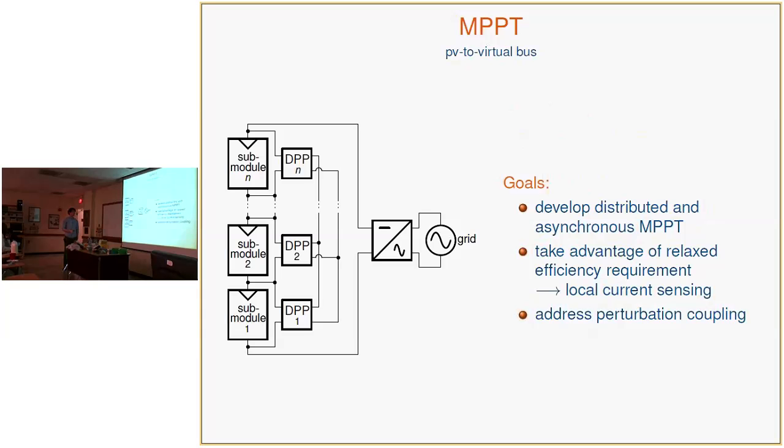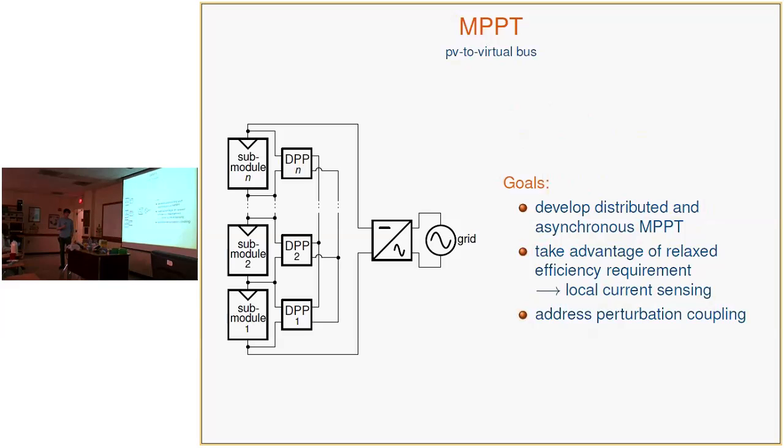So some goals for this maximum power point tracking algorithm for this topology is that, like the maximum power point tracking algorithm that's been developed for the PV to PV topology, we want it to be distributed, but at the same time we want it to be asynchronous. For the previous topology, they sort of got around the coupling problem by synchronizing the perturbations, but that requires extra lines of communication and increases system level cost.